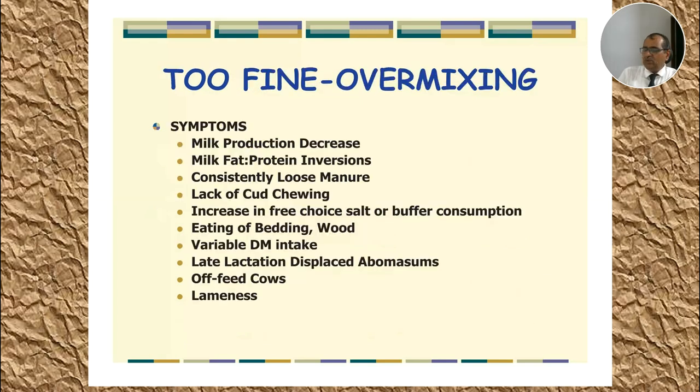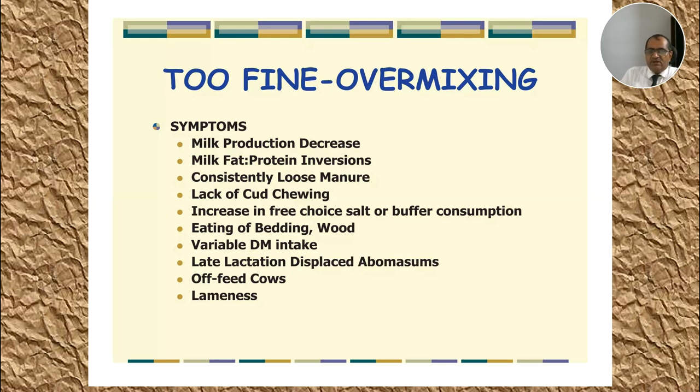Then with too fine over mixing, the symptoms will be a drastic reduction in milk production. Milk fat will once again decrease. Then consistency, loose manure is also a symptom, along with lack of cud chewing and increased free choice salt or buffer consumption.